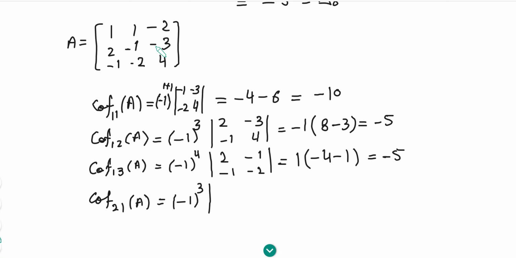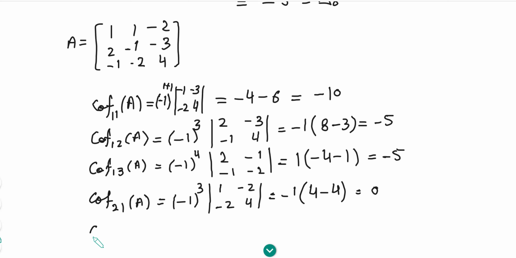With the second row and first column gone, we are left with 1, negative 2, and negative 2, 4. How do we calculate it? First negative 1, and the determinant: 4 times 1 is 4, then negative 2 times negative 2 is positive 4, but negative here because of the formula, so the answer is going to be 0.